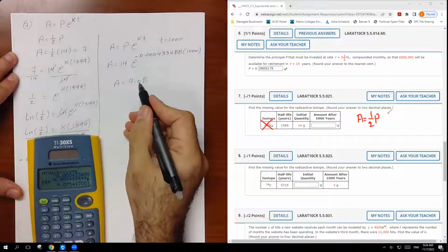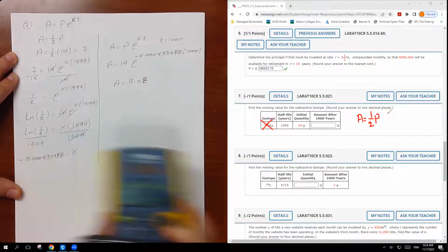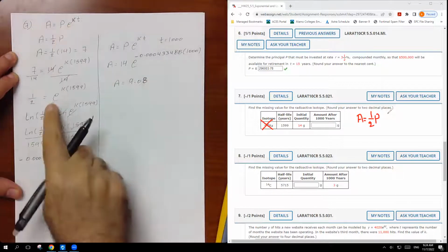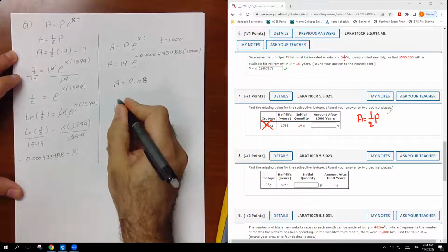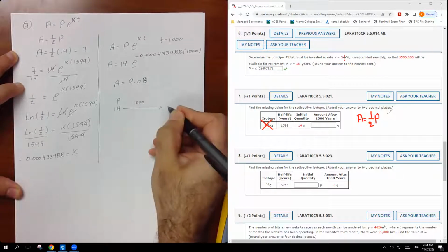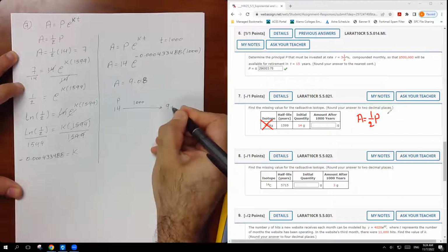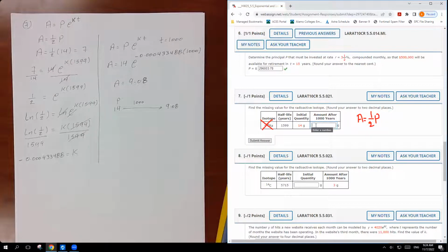That means for this element, the initial amount is 14. After 1,000 years, the amount is going to be 9.08. So that's what it means here. So we're going to type on this one here 9 gram point 08.